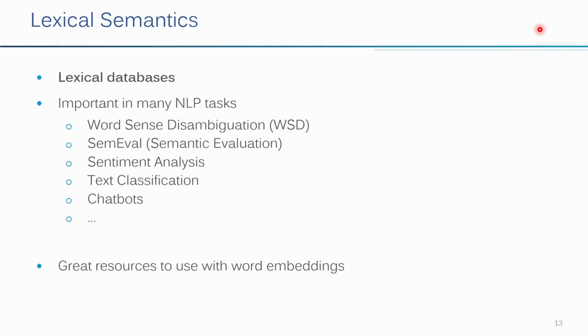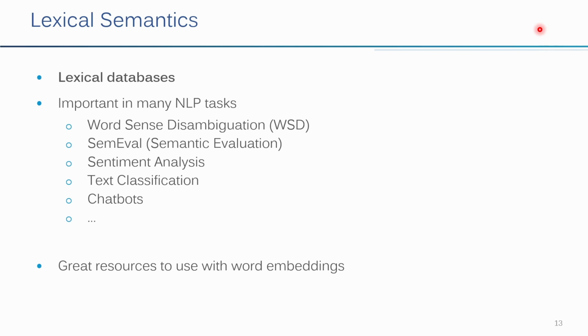Yeah, this is probably important. Now that we criticized how good those things are, you would be surprised how many techniques used this in the past, and they are still used to refine more up-to-date models. So you would see people using lexical databases for word sense disambiguation, semantic evaluation, sentiment analysis, text classification, chatbots, question answering systems in which they have a specific language model, and then they use a knowledge database to check or to refine their answers, text generation, and so on.